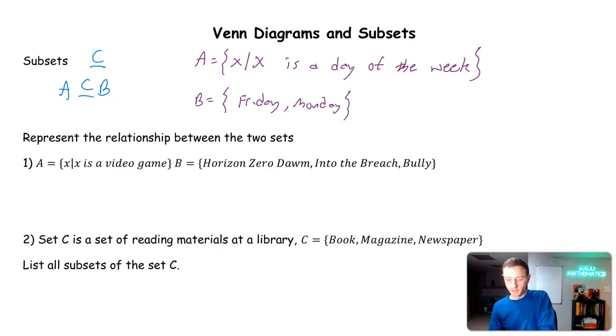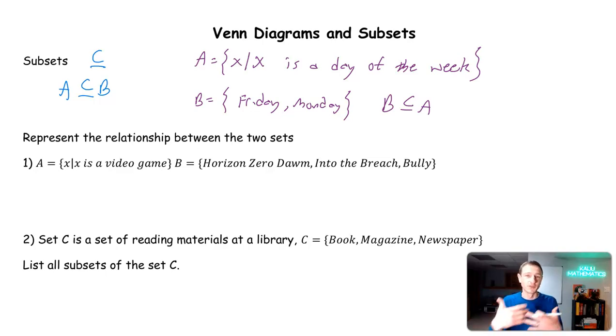We would say B is a subset of A. Friday and Monday are elements within the set A. A is the days of the week. The set Friday and Monday, those are days of the week. So therefore B is a subset of A because you could take Friday and Monday out of the set A. A would not be a subset of B because B is the set Friday and Monday.